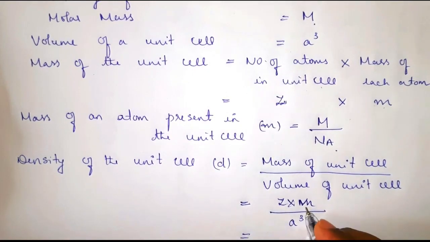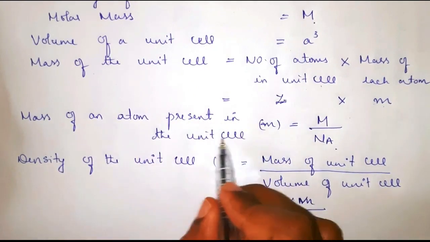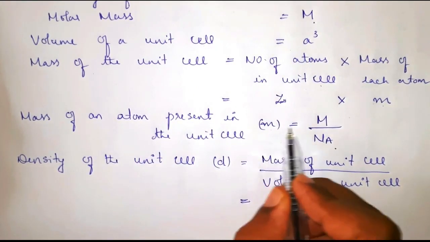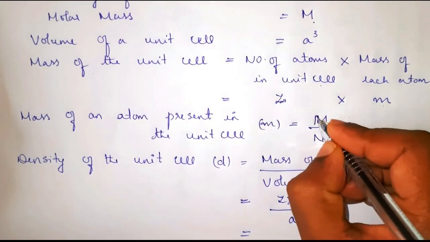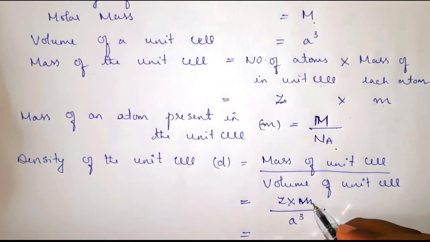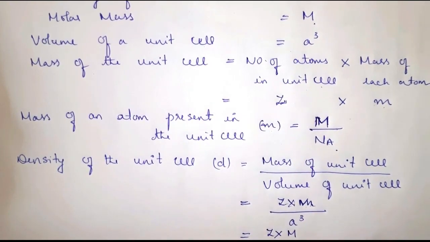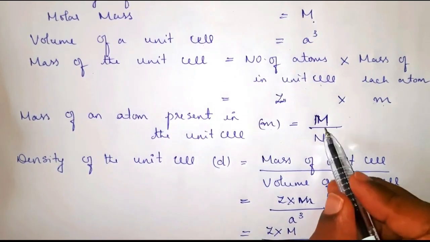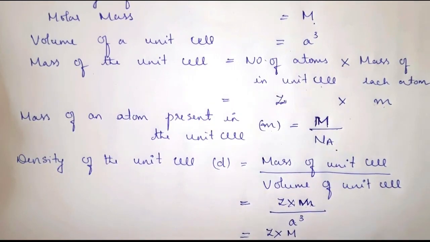Now this small m, we have already derived, is the mass of an atom present in the unit cell, and it is capital M by Na. This we are going to substitute in place of small m. So Z into capital M by Na, then you have a cube.